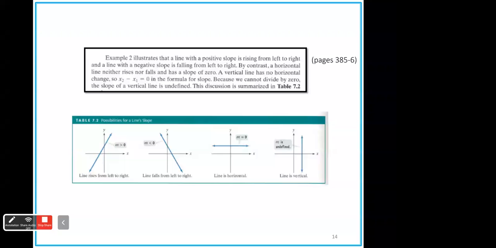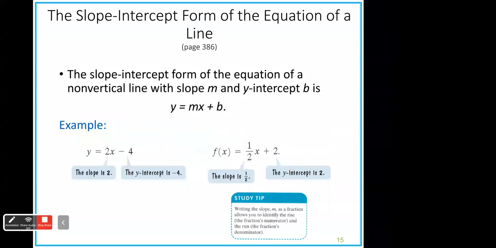So for the horizontal, you might get 0/6. You can divide, 6 into 0 gives you 0. But if you get 6/0, there's no change in the x, then that's undefined. You get an error if you try to divide by 0. So that's why you couldn't get a slope for a vertical line. Okay. So we're going to move on then.